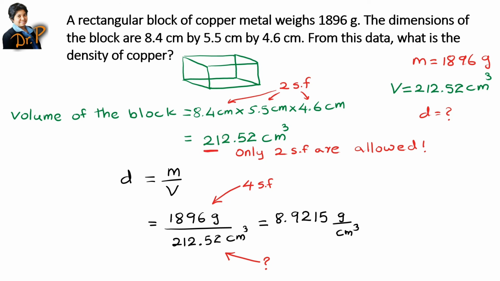However, we do not round off in the middle of a calculation. Keep in mind, we always round off at the very end. So even though this holds only 2 sig figs, we continue with the full number and do the rounding off at the end. So what we should have here is only 2 sig figs.